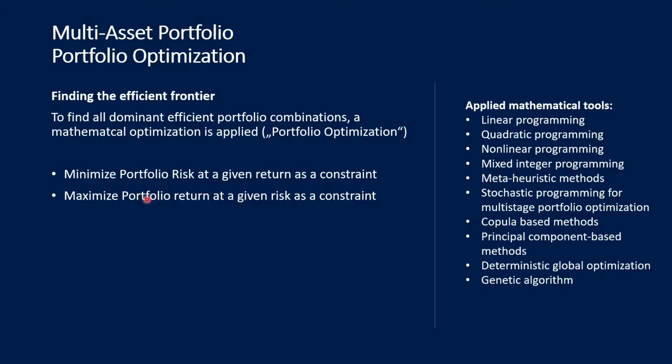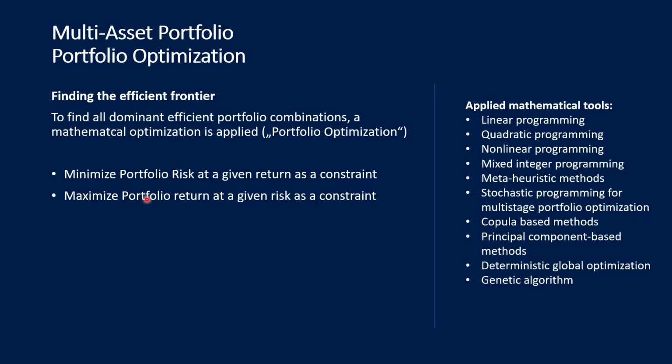So, portfolio optimization is finding the efficient frontier, even in more complex situations than this, of course. So, to find all dominant efficient portfolio combinations, a mathematical optimization is applied, and that is called portfolio optimization.